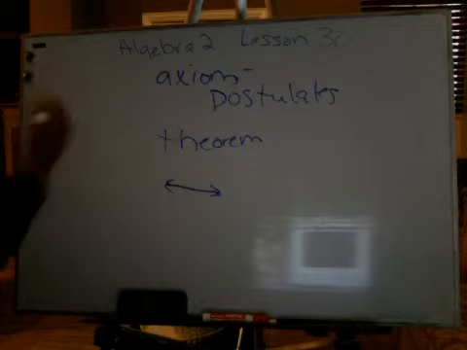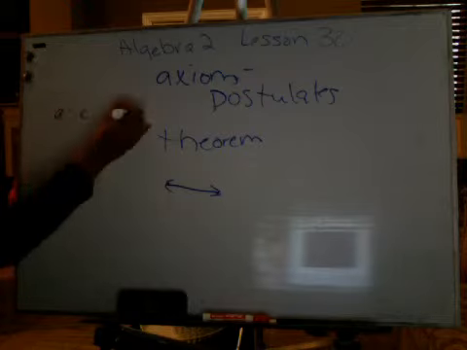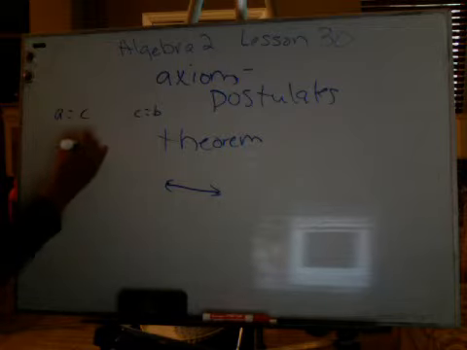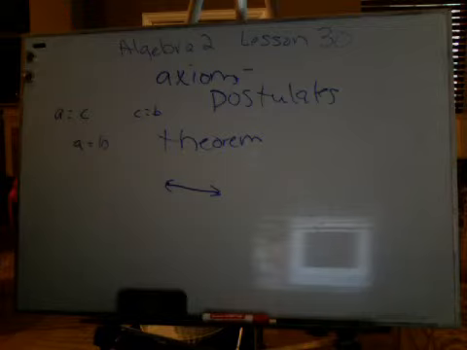So I say if A is equal to C and C is equal to B, then A is equal to B. Okay? Postulate 7 says if equals are subtracted from equals, the remainders are equal. Postulate 8 says if equals are added to equals, the sums are equal. Postulate 9 says figures that can be made to coincide are equal or congruent. And postulate 10 says the whole is greater than any part. Okay?